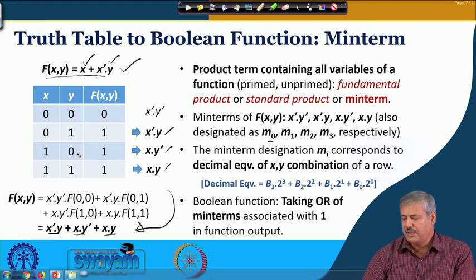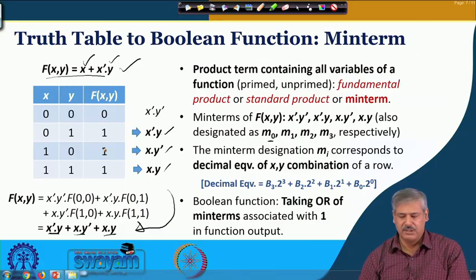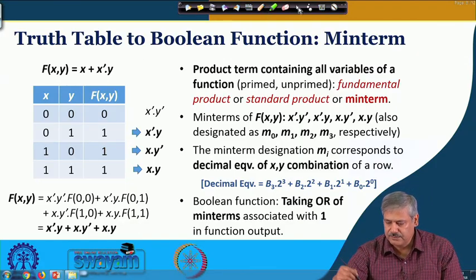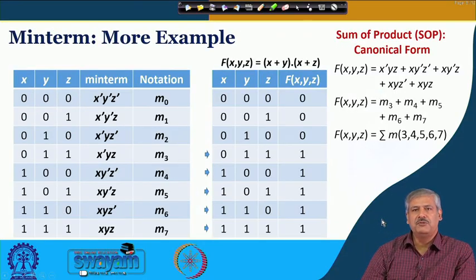That is how M0, M1, M2, M3 are mentioned. And finally, the function is obtained by taking the OR of all the Minterms that have 1 in the function output. So, that was a 2 variable example.